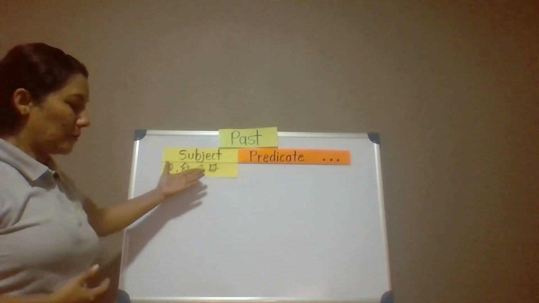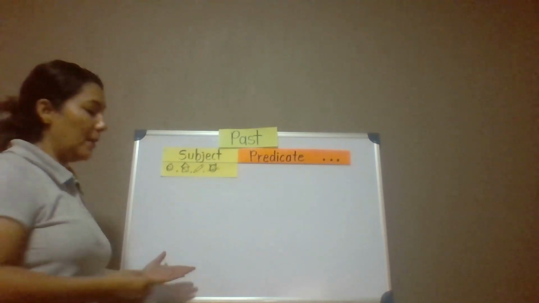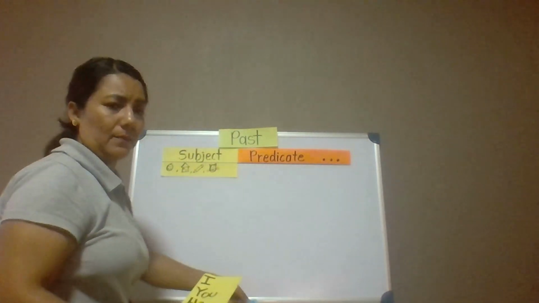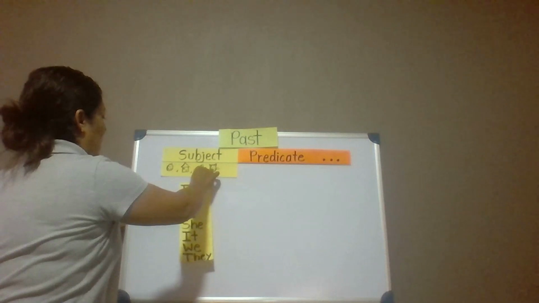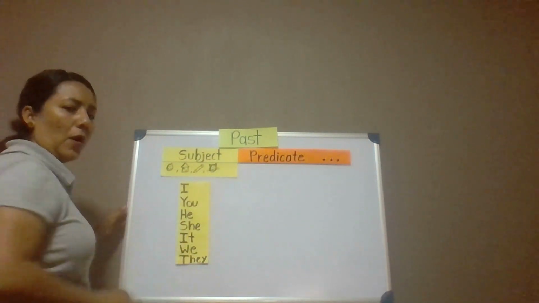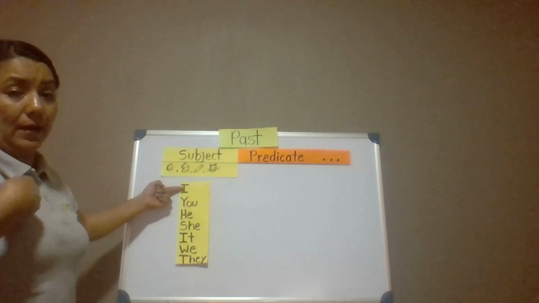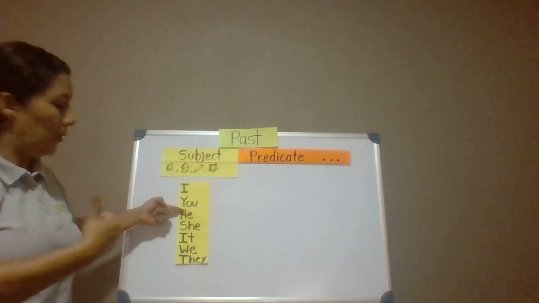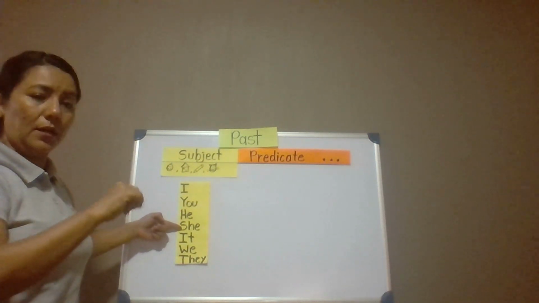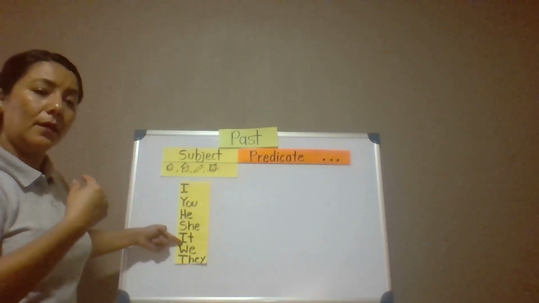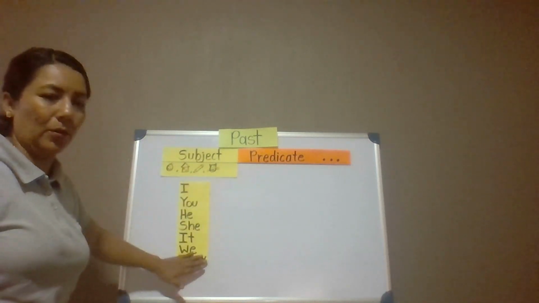We already know that the subject part is super easy. For this part, we can use these personal pronouns: I, you, he, she, it, we, or they. Simple.